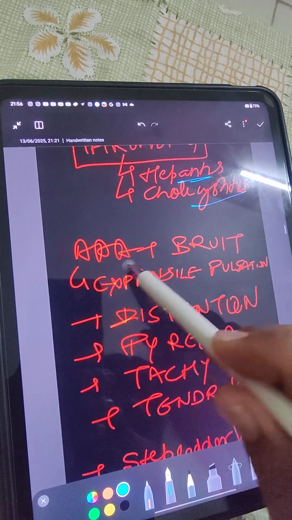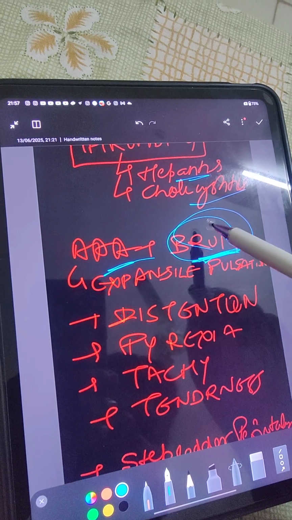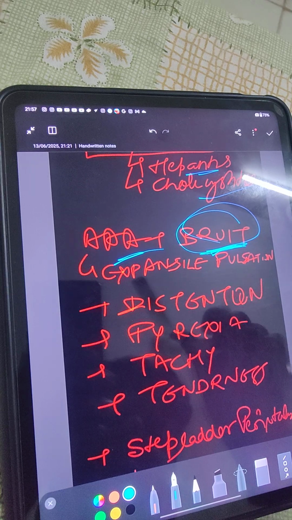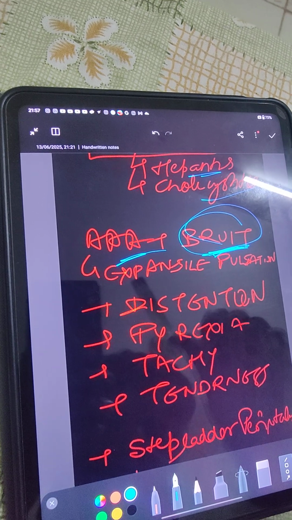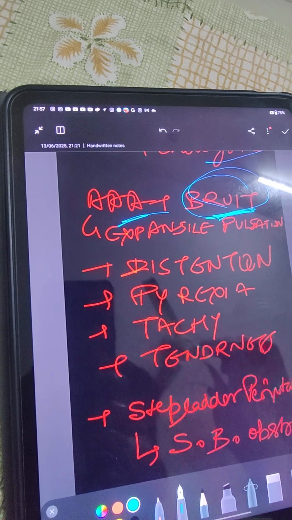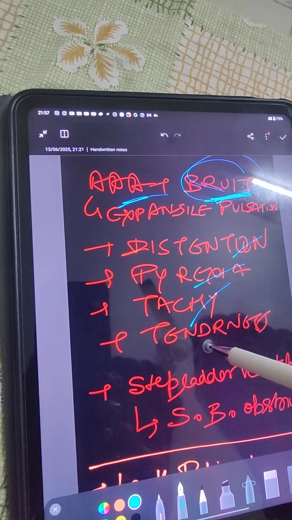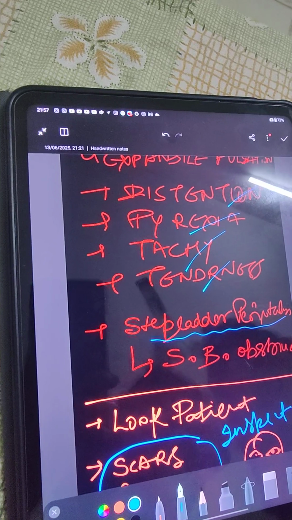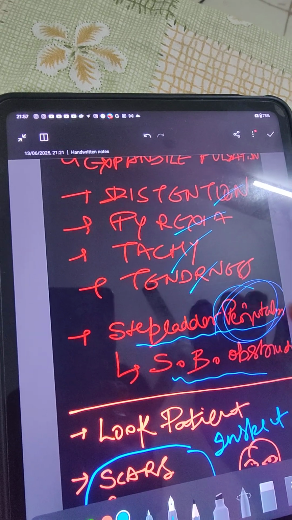In abdominal aortic aneurysm, we will find the bruit during auscultation, and bowel sounds will be normal, abnormal in paralytic ileus and all. These are already explained: distension, pyrexia, tachycardia, tenderness. Last one is step ladder pattern में क्या होगी, peristalsis in small bowel obstruction.